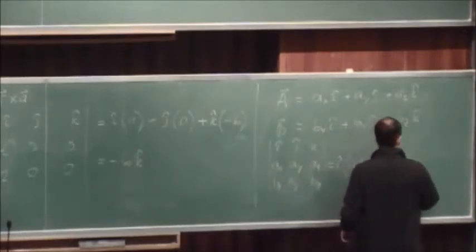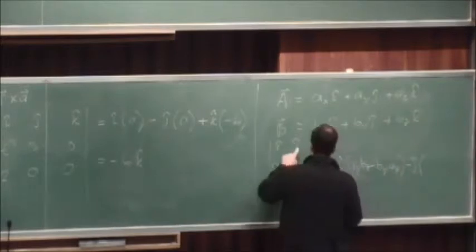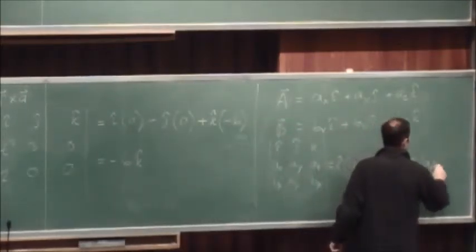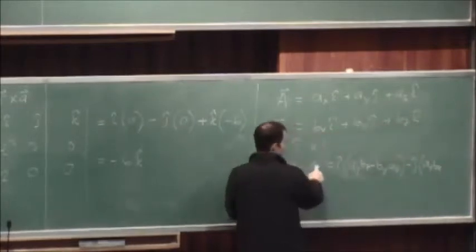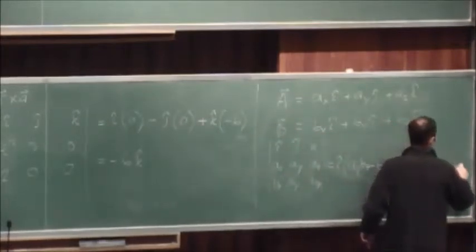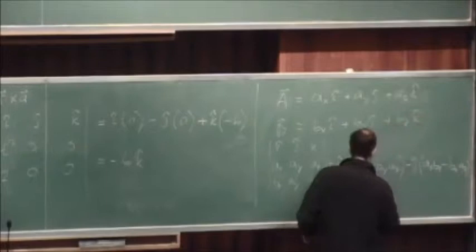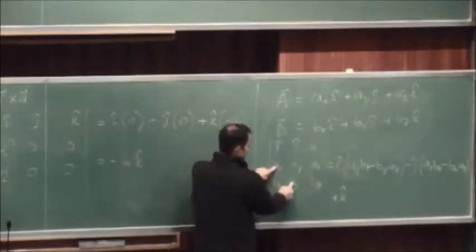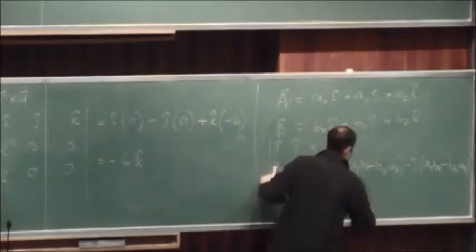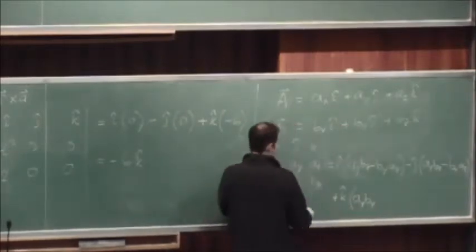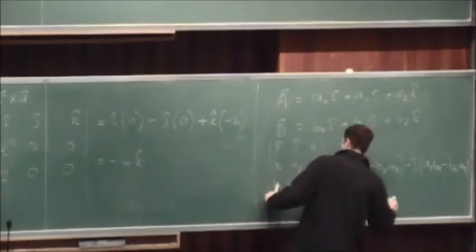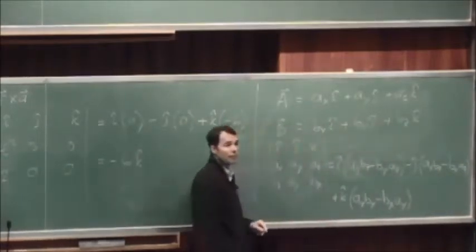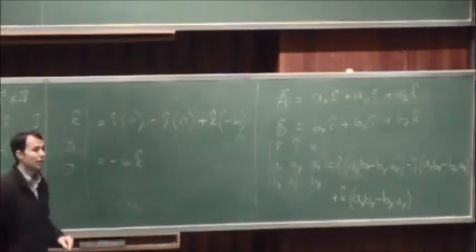Then I take a minus j hat, and I look at Ax times Bz minus Bx Az. And then I do a plus k hat, which is Ax By minus Bx Ay. Does that make sense?